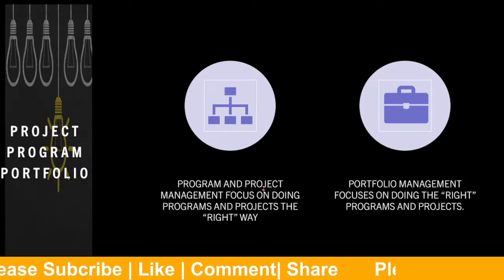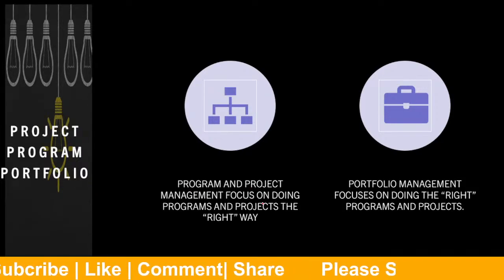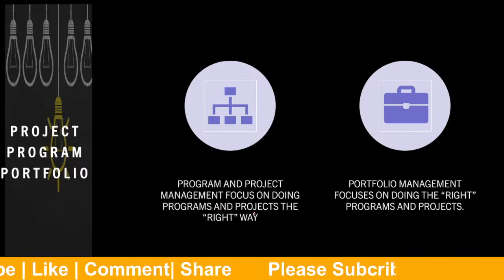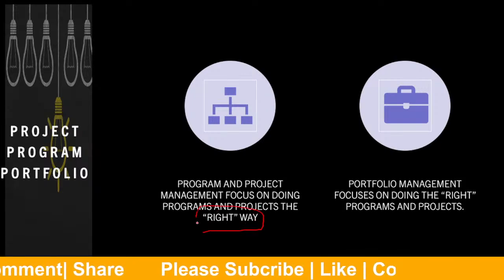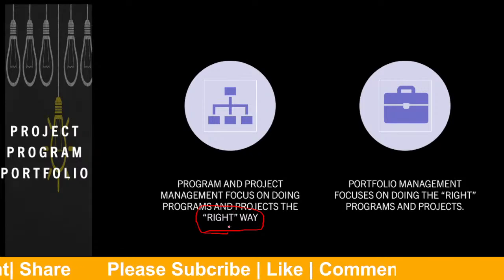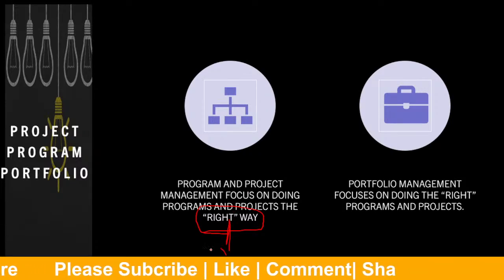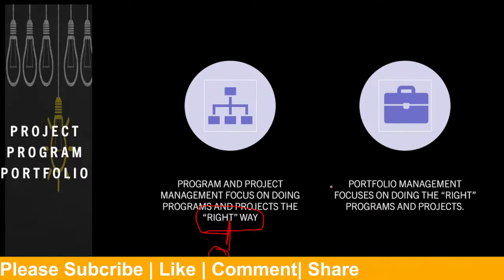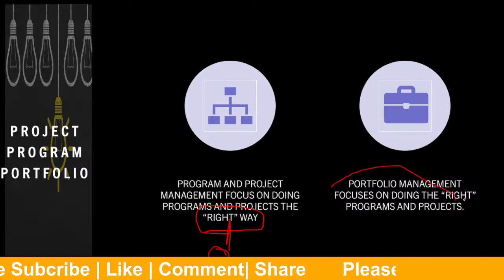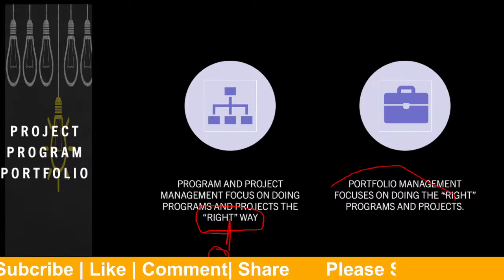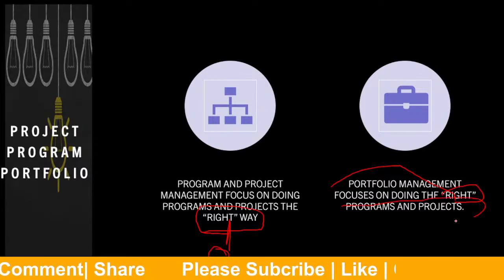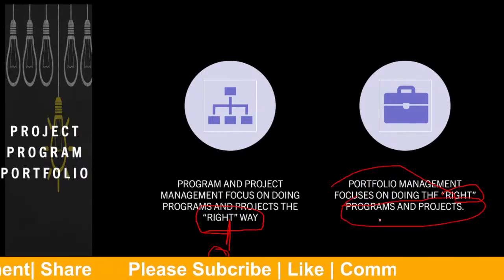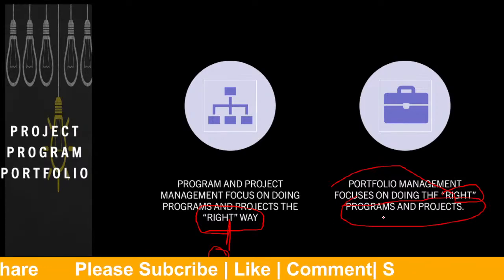So program and project management focus on doing programs and projects the right way. For a portfolio, it is about the right programs, so it's strategic. You want to ensure that the right programs and projects are invested in.